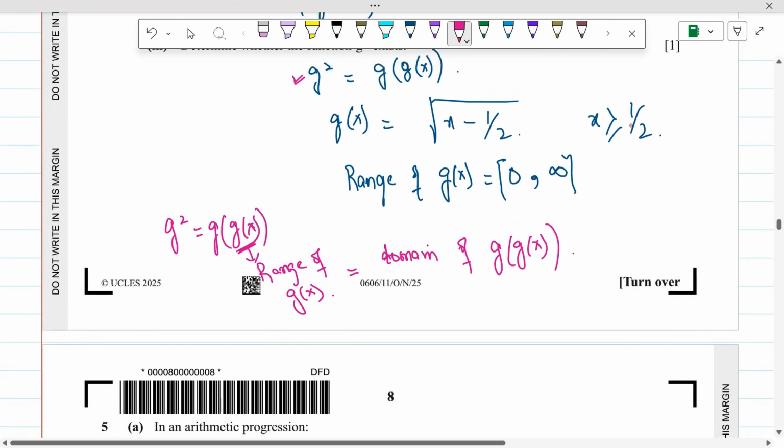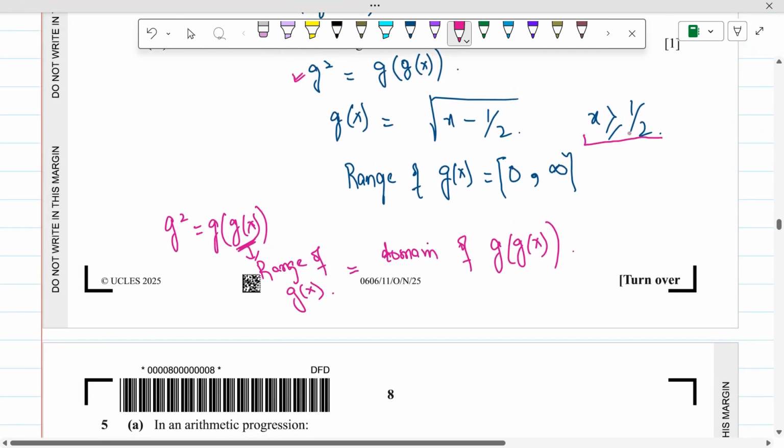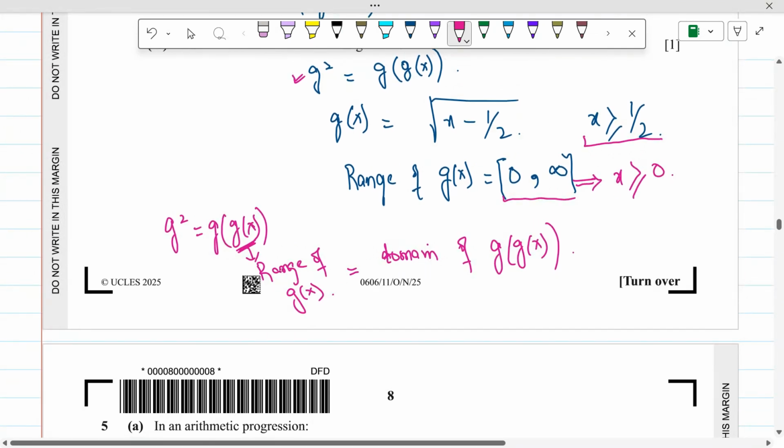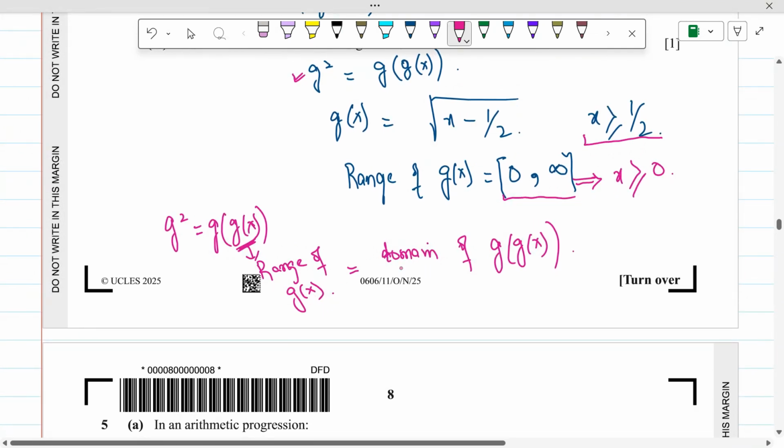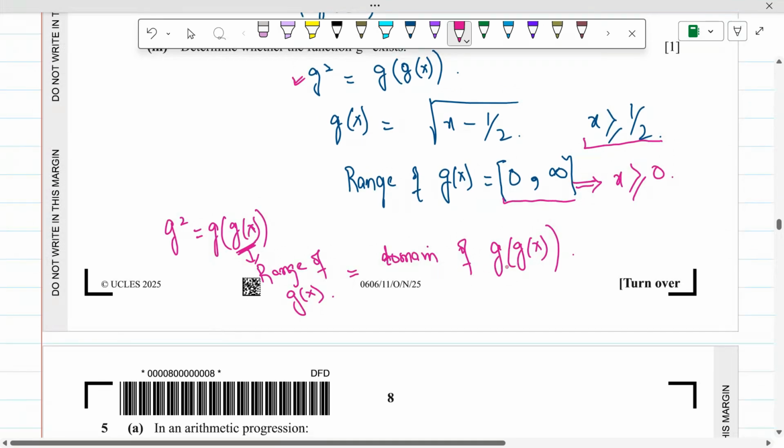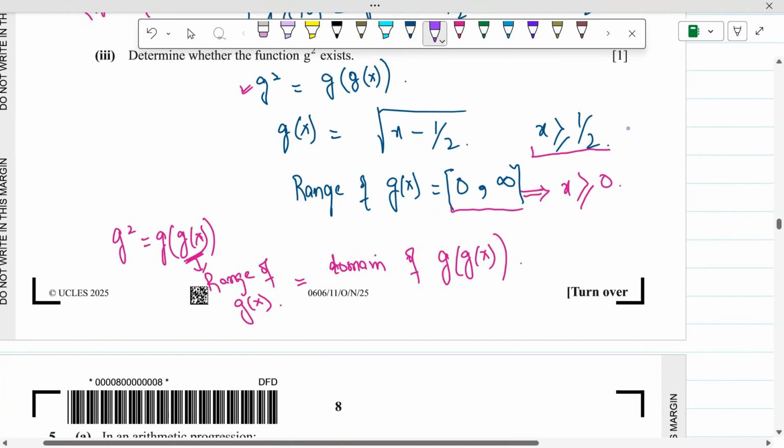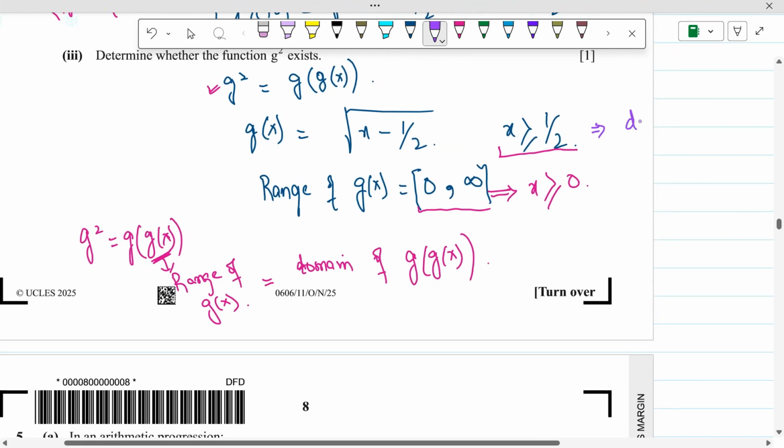We know that the domain of g of x should be greater than or equal to half, but the range of g of x is from greater than or equal to 0. So we can say that the range of g of x is not a subset of the domain of g of x.